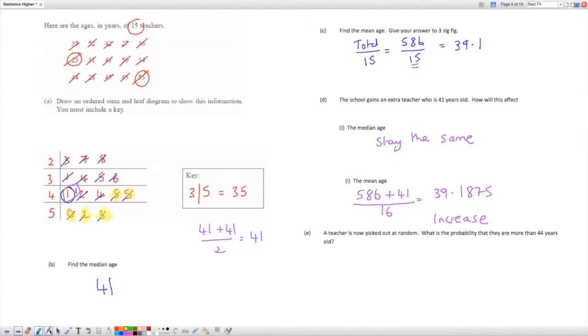So we have 5 out of the 15, 5 teachers out of 15, 16 if we are looking at our extra teacher who is 41. So instead of dividing by 15, we need to divide by 16, so we have 5 over 16.